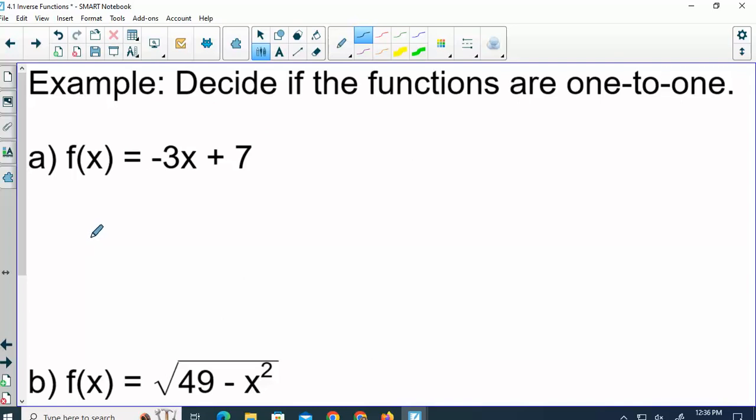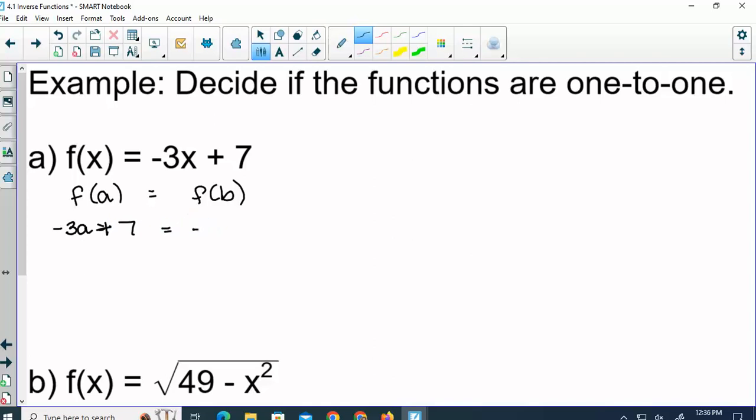So if I want to decide if this is one-to-one, what we have to do is assume f of a equals f of b. So assuming it's not one-to-one, the y values are the same. So f of a is what you get when you plug in an a for your x.